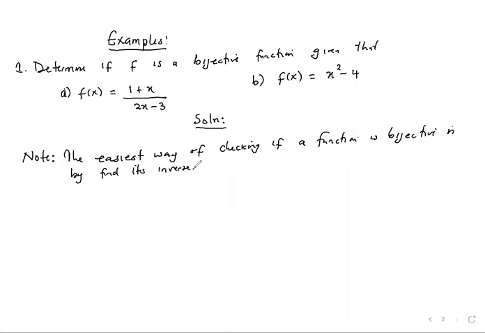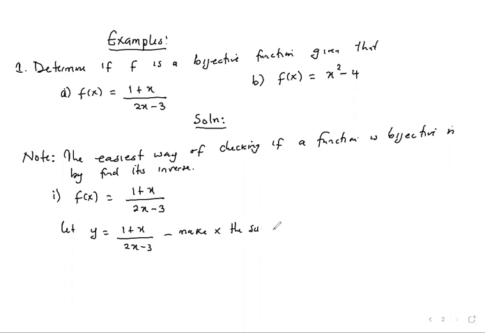So we check, because we have f of x equal to (1 + x) over (2x - 3). Then you let y be equal to (1 + x) over (2x - 3). Here, make x the subject. That's how we get the inverse.